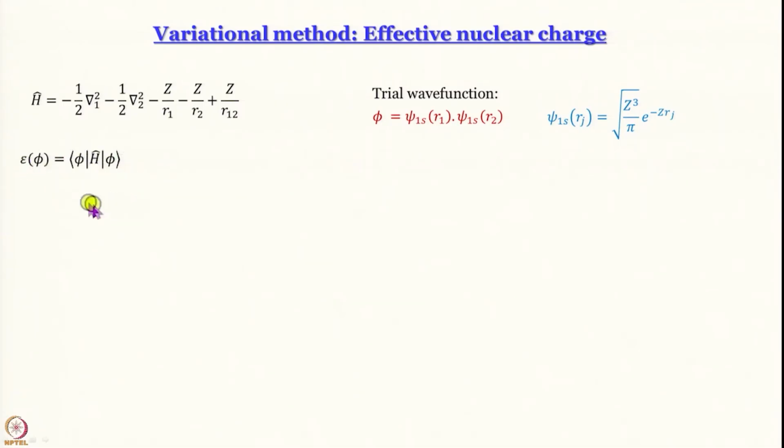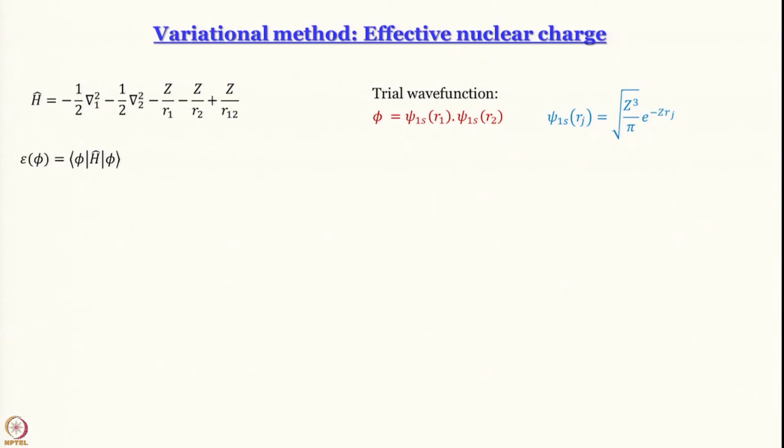So, we will work with this functional epsilon of phi, integral of phi star H hat phi over all function space, in this case over all values of rj, and phi star is equal to phi in this case. We are talking about 1s orbital.